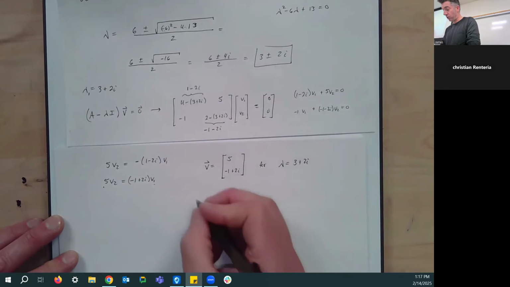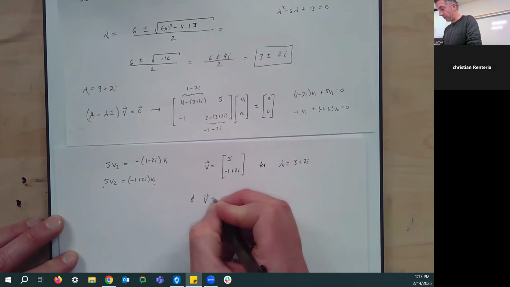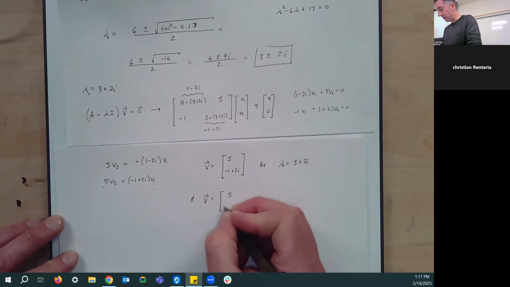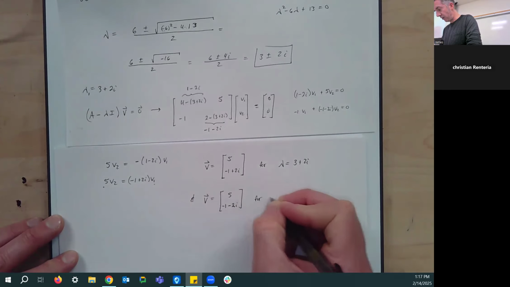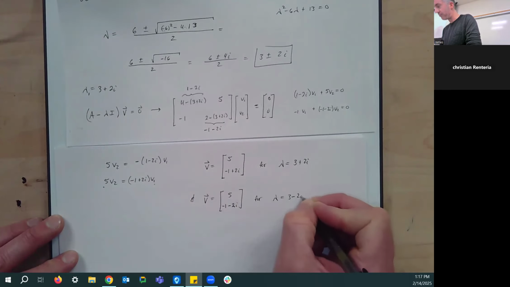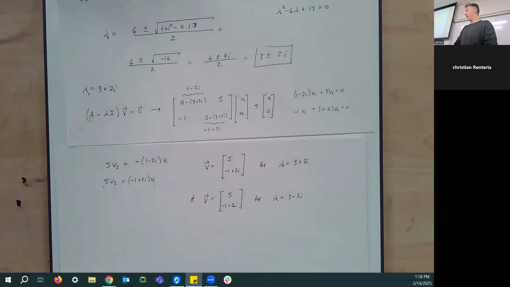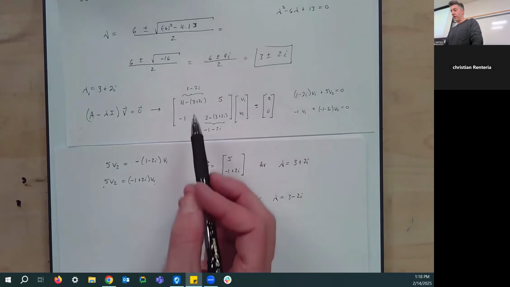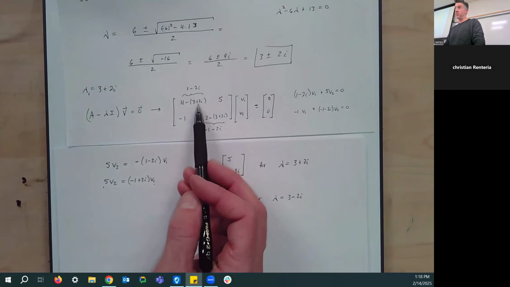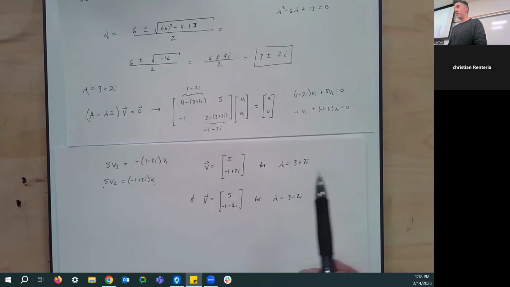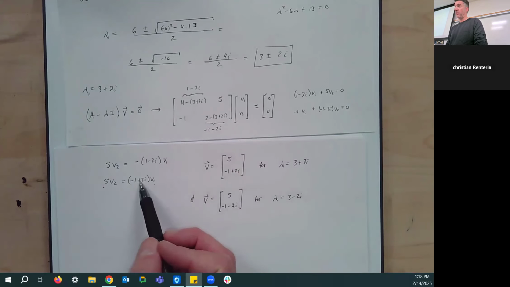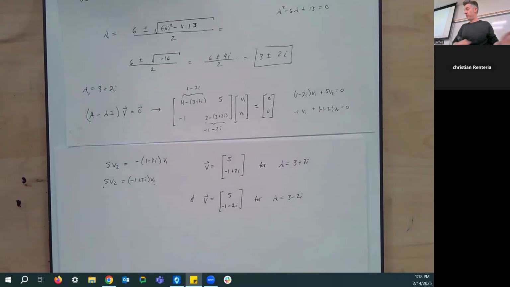And it's also true that the other eigenvector is going to be 5, negative 1 minus 2i for the eigenvalue lambda equal to 3 minus 2i. If you think about it, we could have gone back into our original equation and changed every positive 2i to a negative 2i, which would have had the net effect of changing this positive 2i at the end to a negative 2i at the end. So you can see how that one change would carry through the whole way. But again, we don't actually really need to know that.